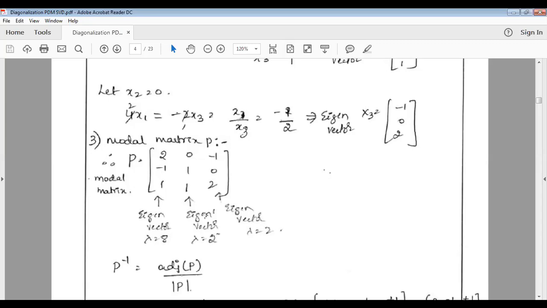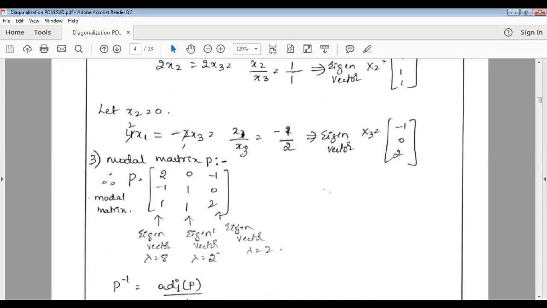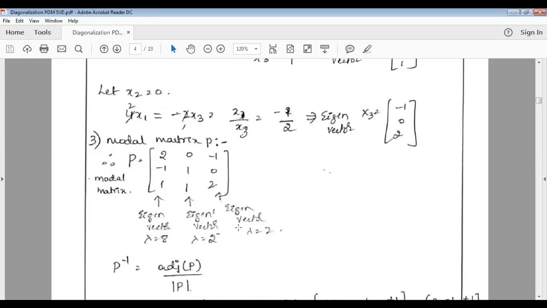For that eigenvector we found here, right, 0, 1, 1. And for the next lambda equal to 2, we find the eigenvector minus 1, 0, 2. Right? So you write the model matrix in this way. Obviously you can understand here that if your eigenvalue and eigenvector is wrong, the entire process goes wrong. Right? So you have to be very careful. So this is the model matrix P, which has the eigenvectors of each eigenvalue as each column.